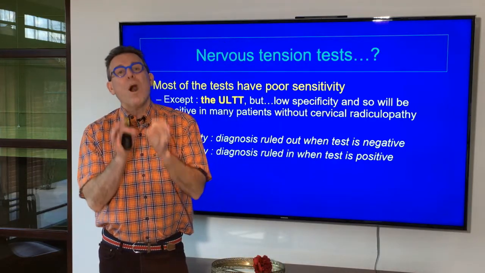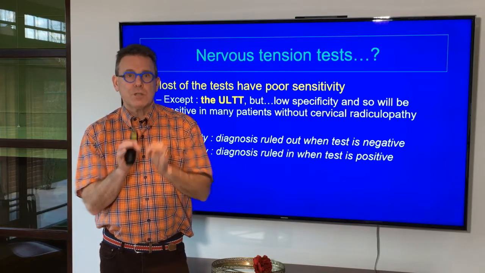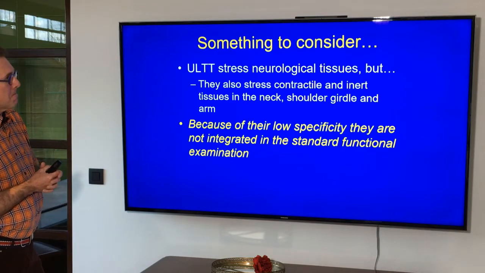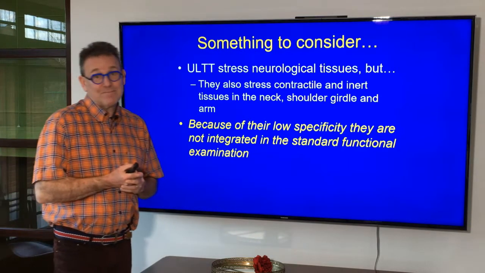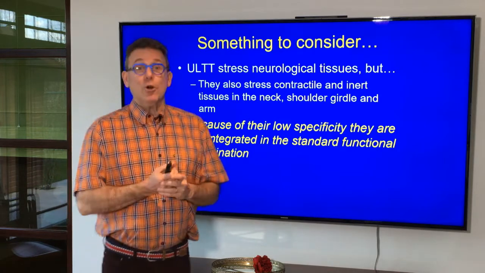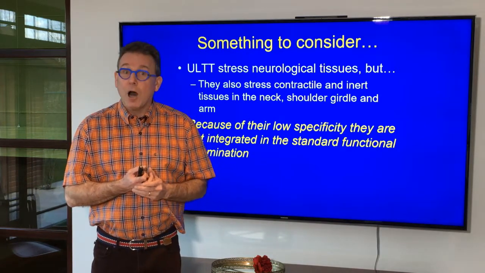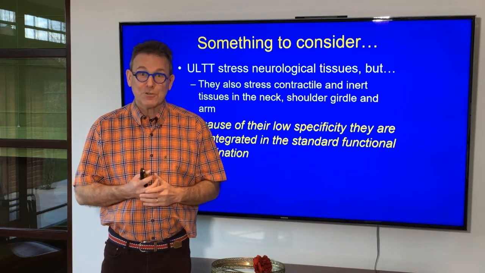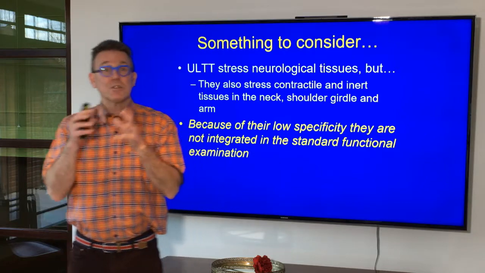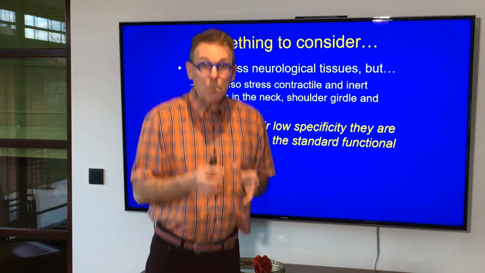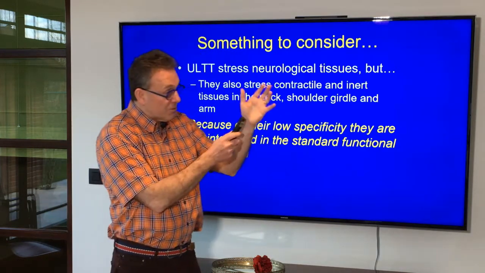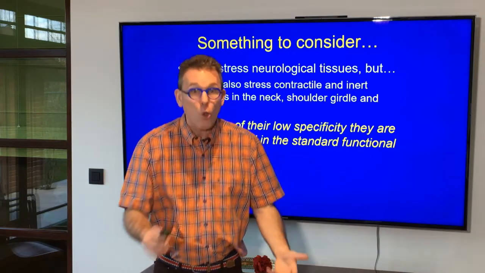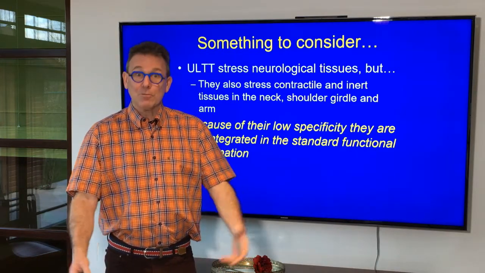Do I become wiser when I do those tests? Is that going to influence my diagnosis? Well, most likely not, because those tests are aspecific and also have an influence on a number of other structures. So those upper limb nervous tension tests are not going to help me to distinguish between carpal tunnel, cubital tunnel, thoracic outlet and cervical nerve root. No. And that's the problem.